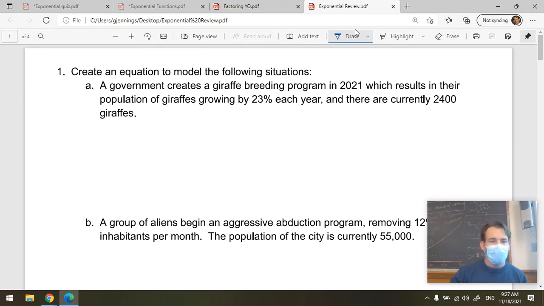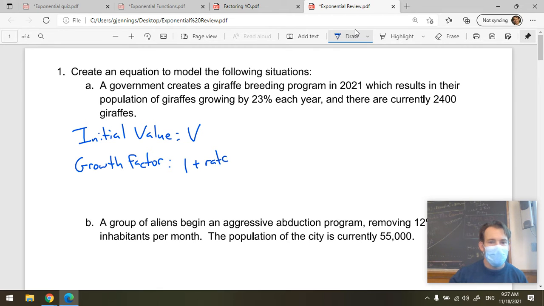So we have to think about the initial value, and those we might call that V, and then the growth factor, which is always 1 plus the rate as a decimal.